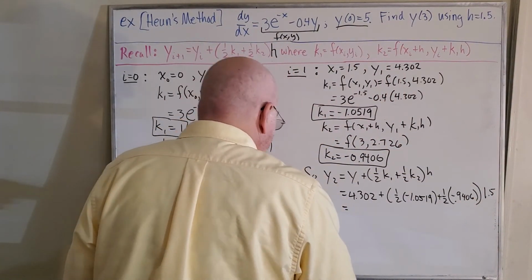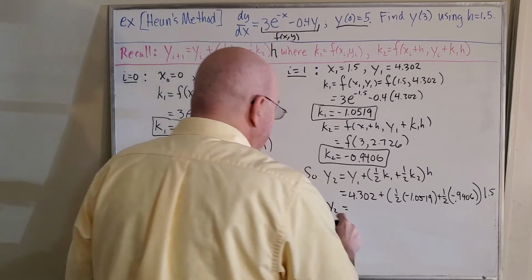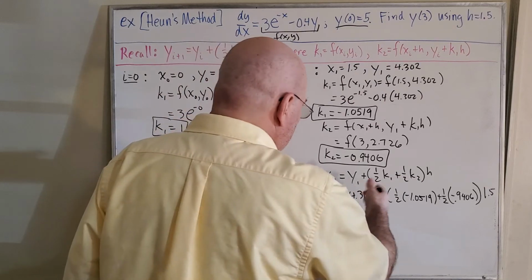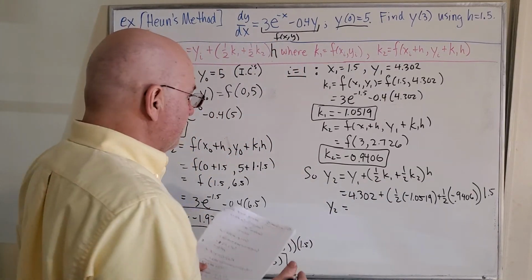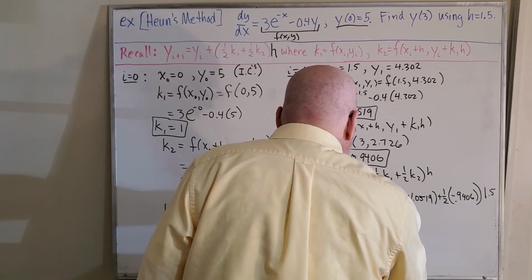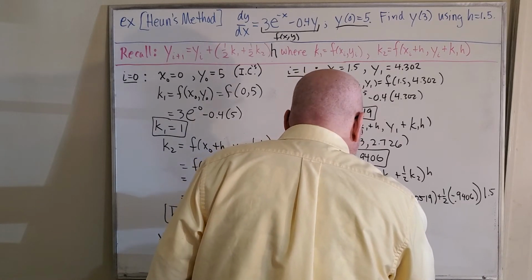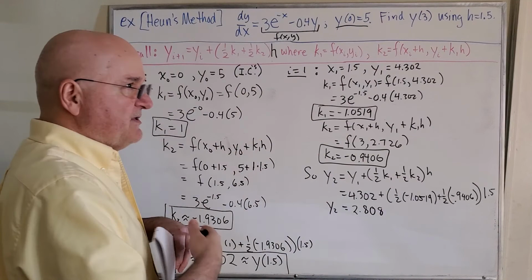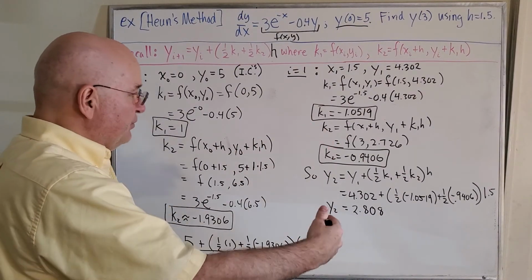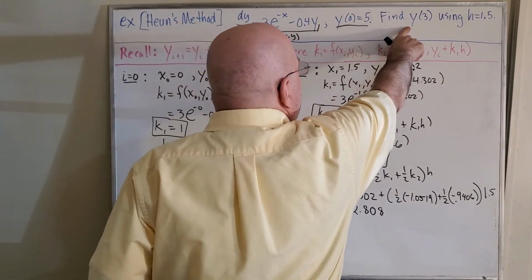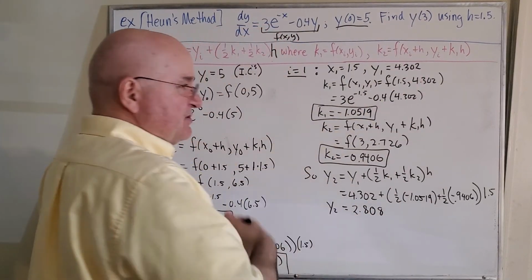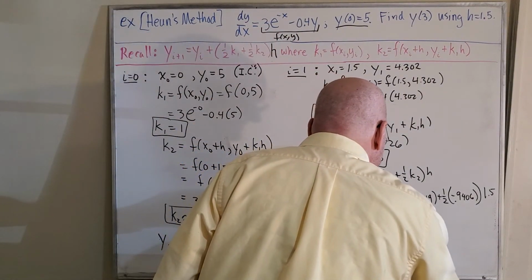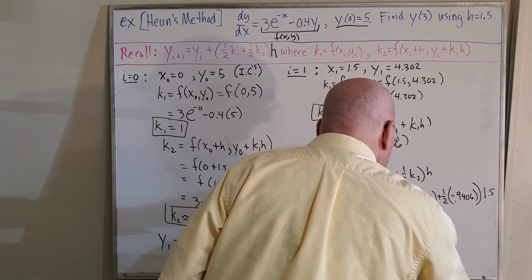And that gives us that y2, just assume we're rounding to about 3 decimal places, 2.808. Well, y0, y1, y2. y2 represents y at time 3. That's 2 time steps away from 0. So this is our approximation for y of 3.